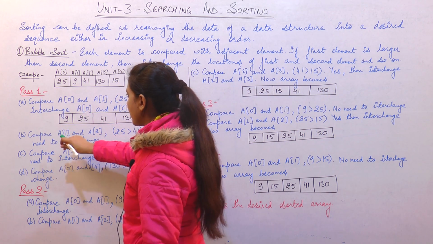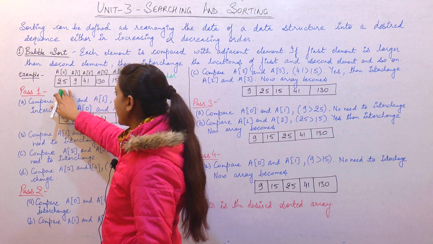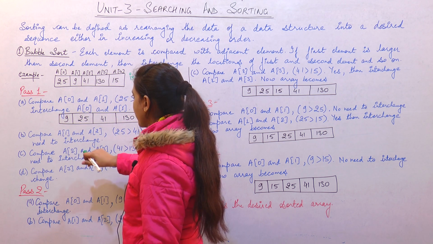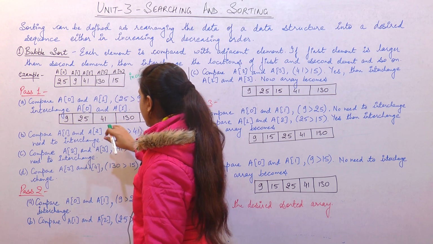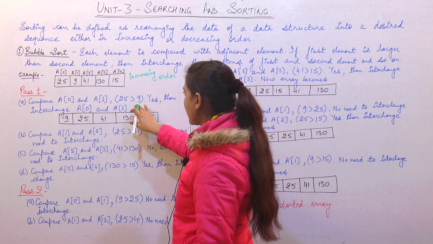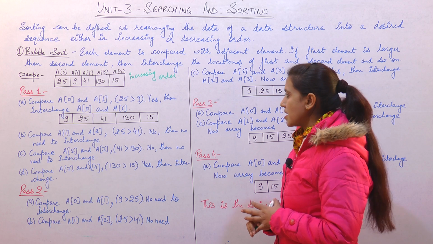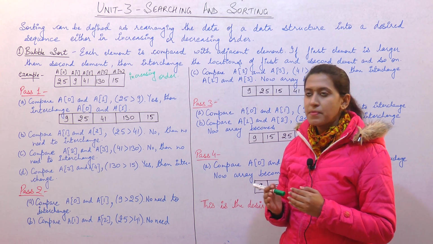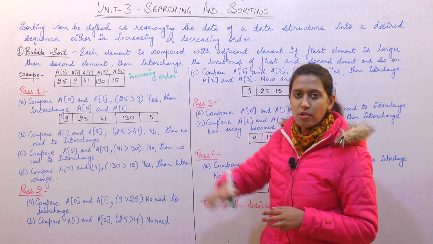In pass 1, the first step is to compare the data element at location 0 with the data element at location 1. So we are comparing the data elements at A0 and A1. A0 contains 25 and A1 contains 9. Since 25 is greater than 9, we need to interchange the position, because we are sorting our data in increasing order.